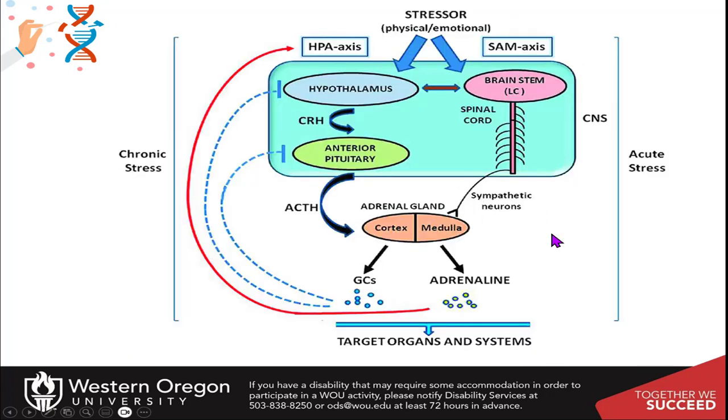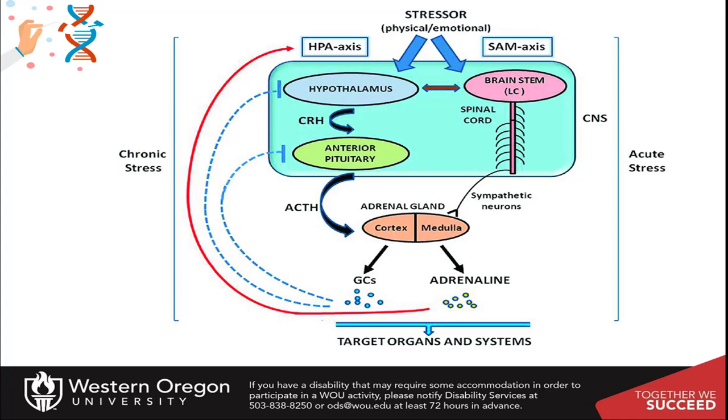So overall, the stress response in the body activates these two hormone pathways. The first one that was discovered is the one that starts in the hypothalamus, right, that we just talked about. And this is known as the HPA axis. So it goes from the hypothalamus to the pituitary gland to the adrenal gland.